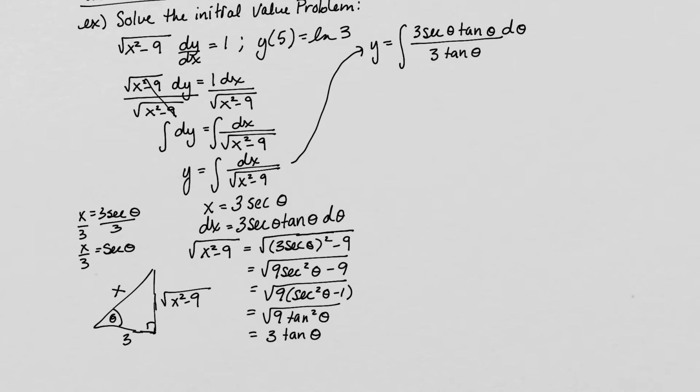That's pretty nice because my 3's cancel, my tangent thetas cancel, and I'm just left with the integral of secant theta d theta. And the integral of secant theta is one of the ones that I have on that sheet for you. So this ends up being just the natural log of secant theta plus tangent theta plus c.